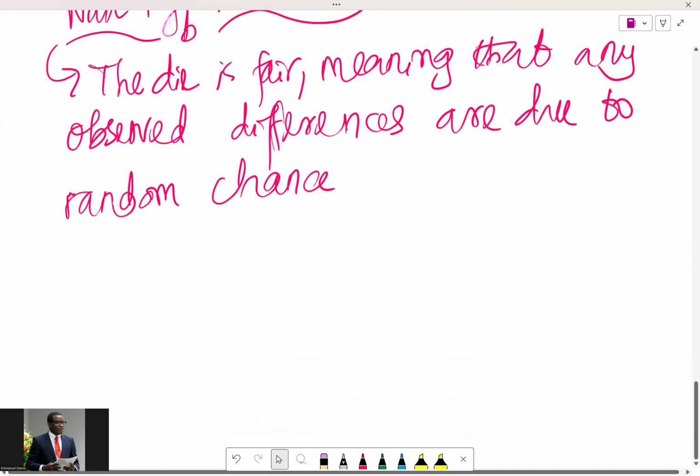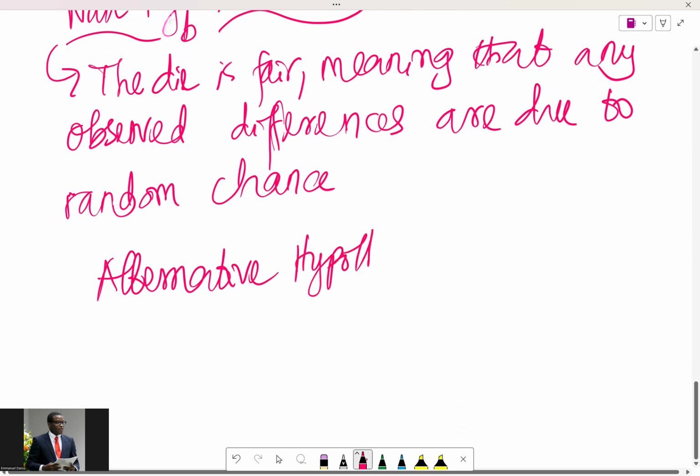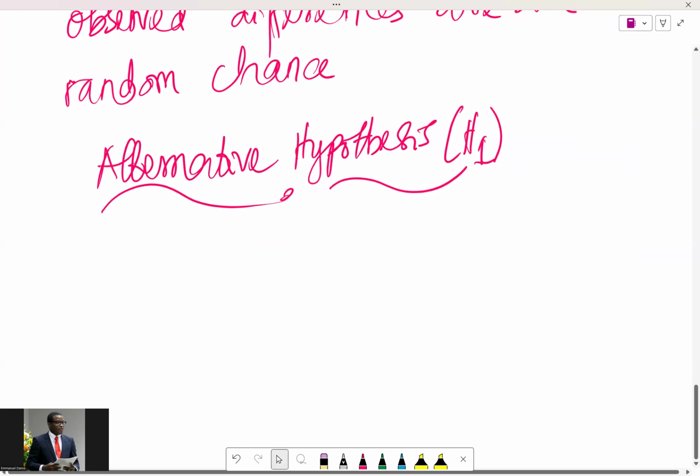Then we have the alternative hypothesis, which is H1 or HA. Let's say H1 here. That's just the opposite.